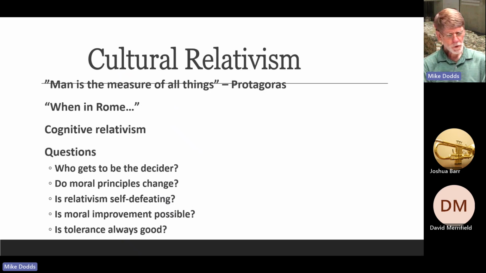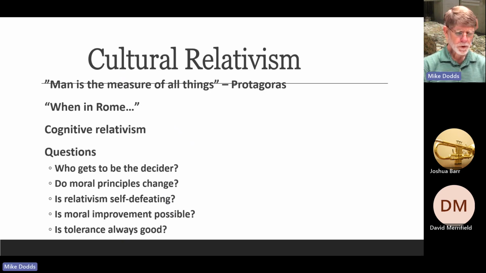Questions that come up with cultural relativism are: who gets to be the decider? That sounds a little odd, but it's a question about why the culture came to that position. So there's maybe history to ask about. The Islamic reality, who decided there? The Amish reality, who decided there?